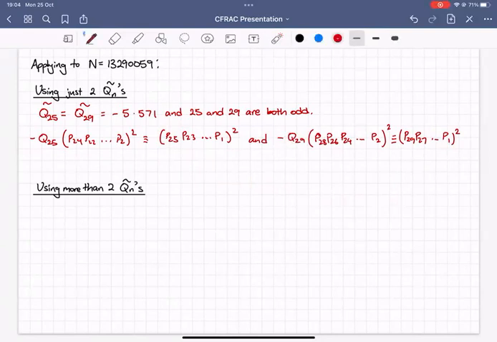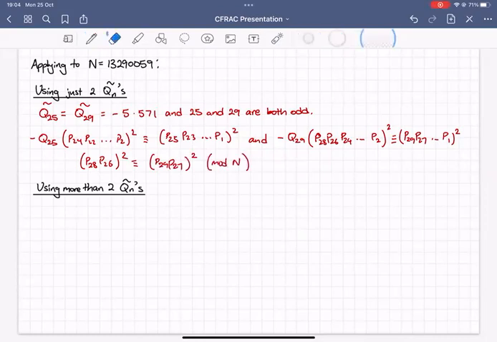And if you do this correctly, you should get P28, P26 squared congruent to P29, P27 squared mod n. And lo and behold, you get back that. So this is like your X and your Y. And then you can factor using, so this implies that the GCD of P28, P26 minus P29, P27, and n is a proper factor of n.